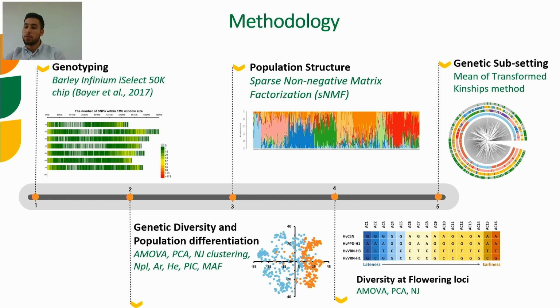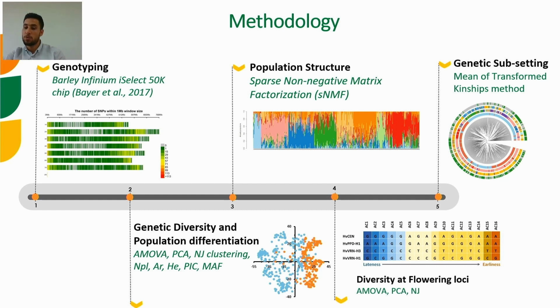Also, we selected 4 SNP markers described in the literature to be associated with major flowering time genes in barley, mainly VRN-H1, VRN-H3, PPD-H1, and HvCEN. These 4 SNP markers were selected to assess the extent of genetic diversity existing within the 530 barley genotypes based on flowering genes.